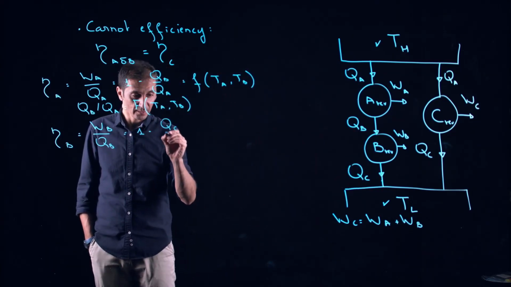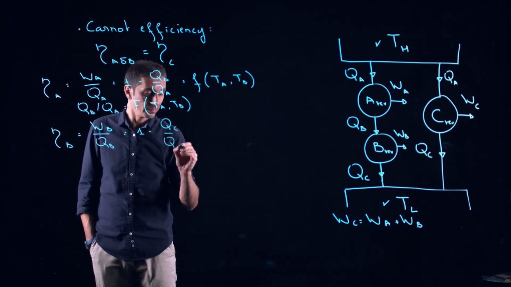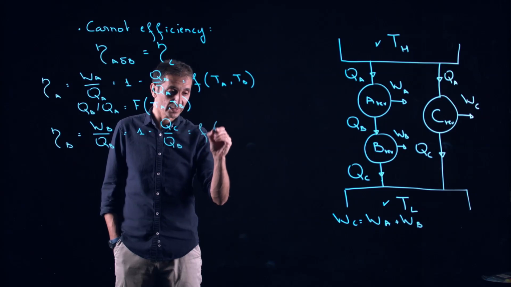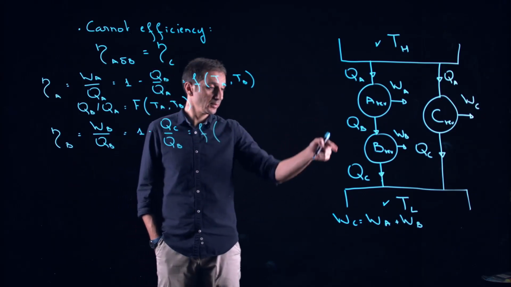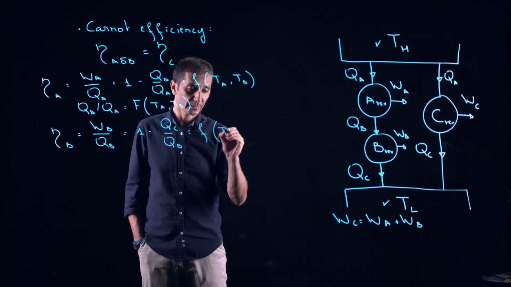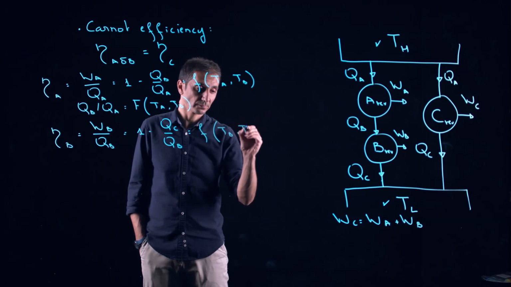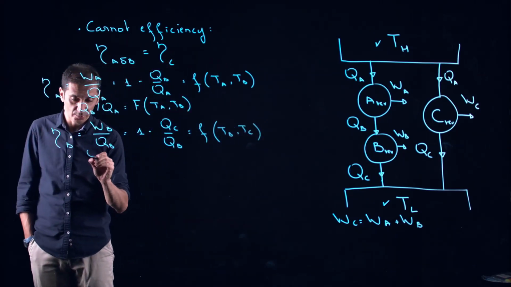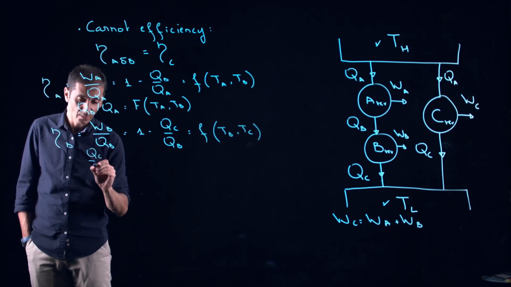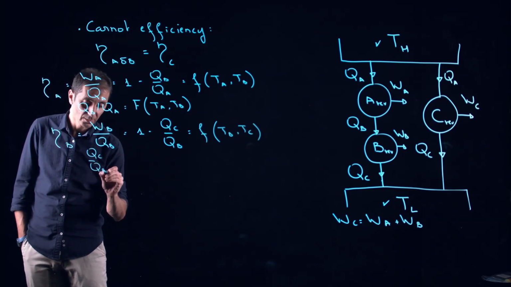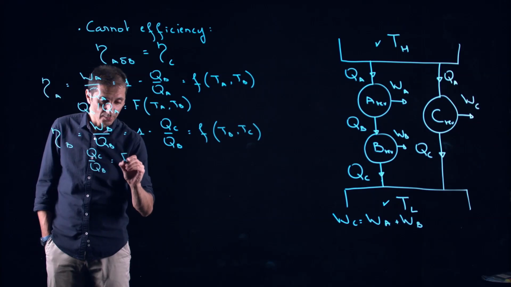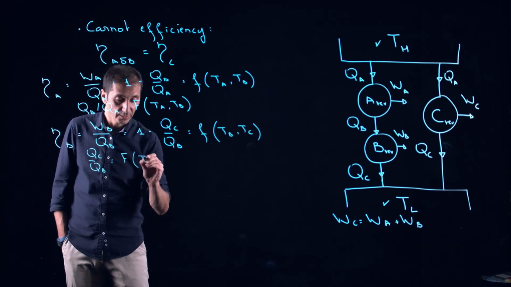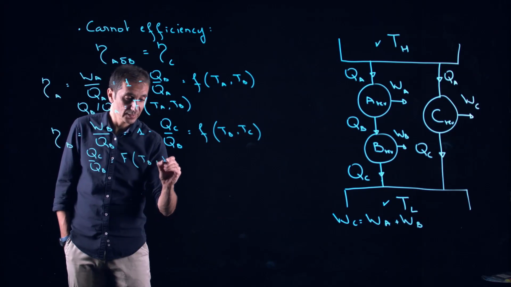It's also a function of the temperatures TB and TC. And this ratio, QC over QB, we can write as a certain function, capital F, of TB, TC.